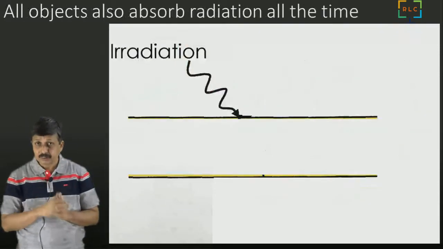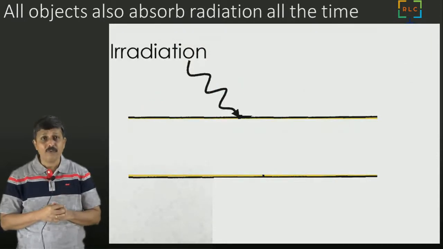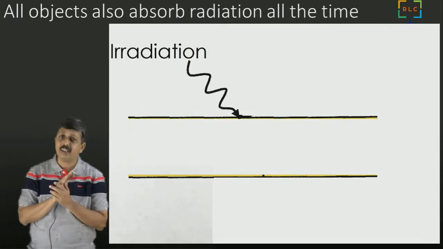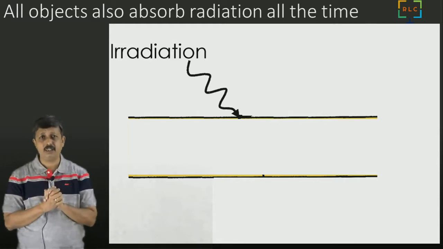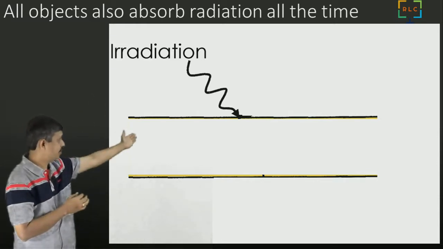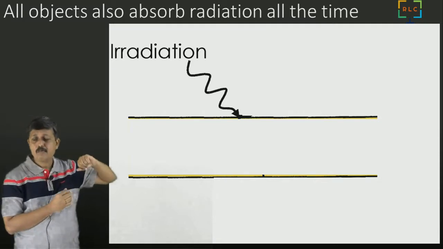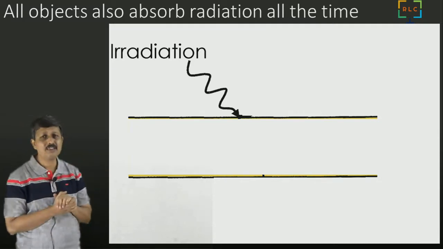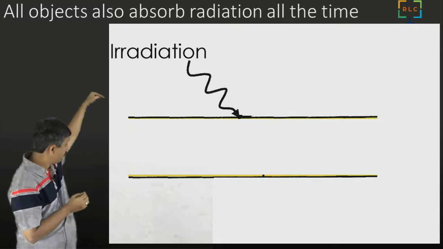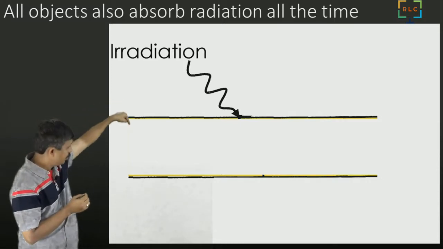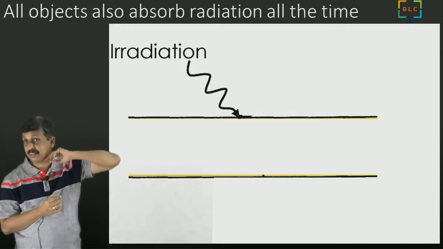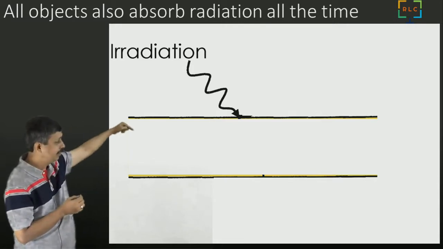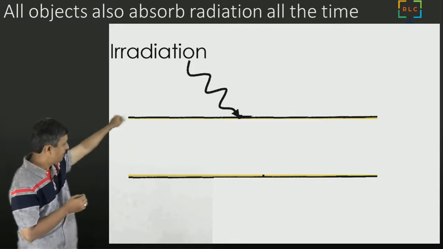Now, if you take any material and give out radiation to that material, multiple things happen. Radiation means, you remember, I'm writing this wave because light in the waveform is what we call radiation. It actually comes as a sprite, but we show it as a wave.